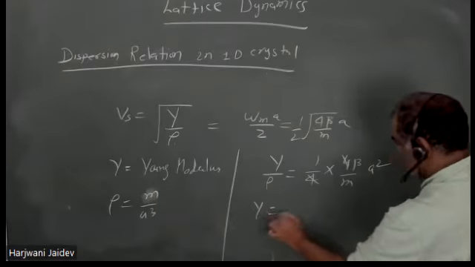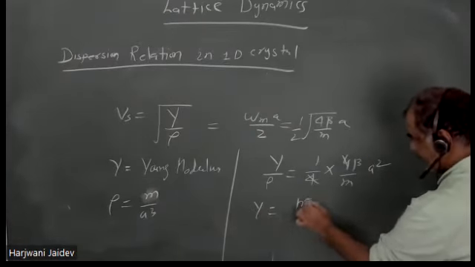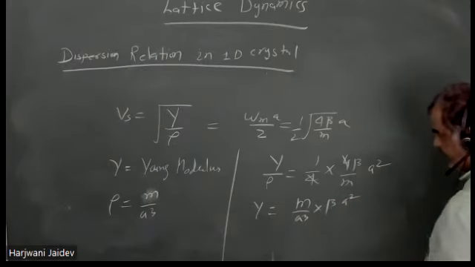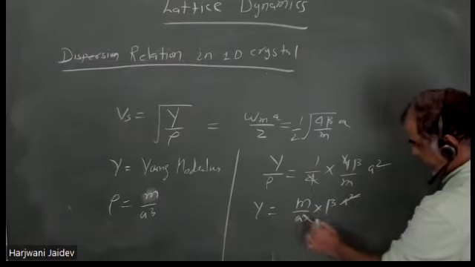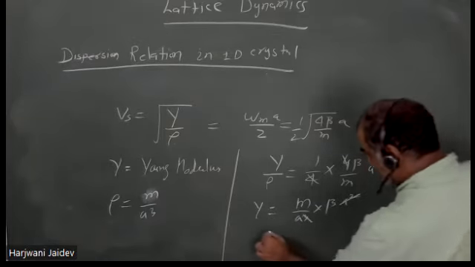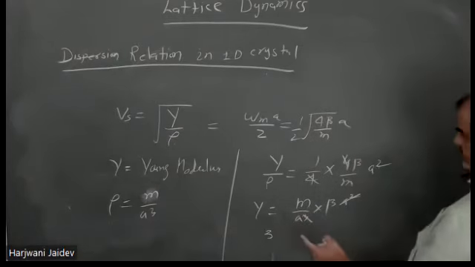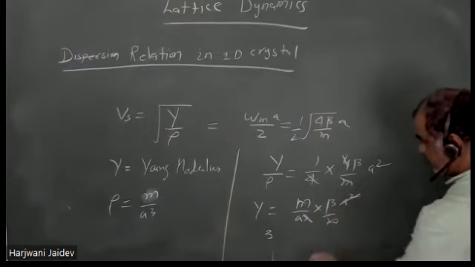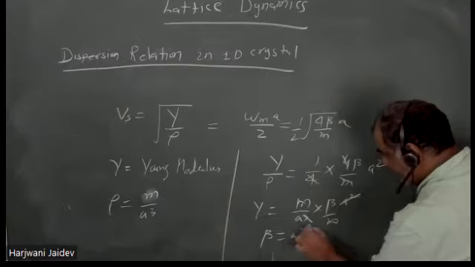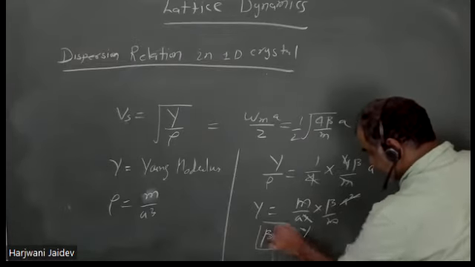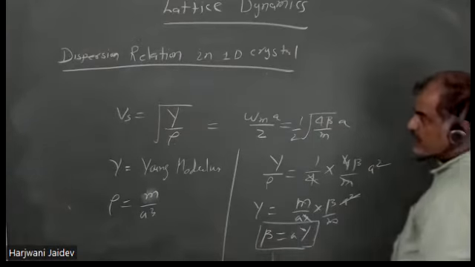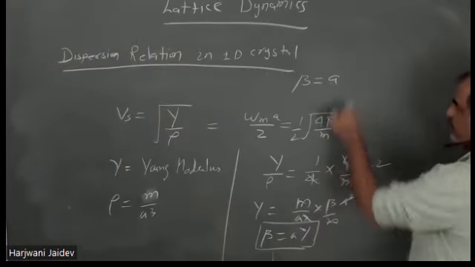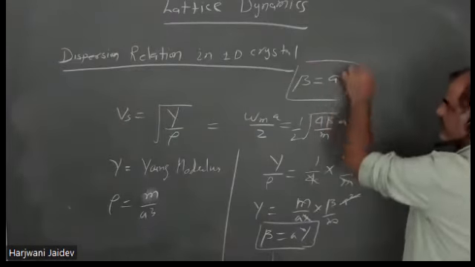So my Y will be m by a cube times beta by m times a square. The a square cancels, leaving a, and m also cancels. So now my beta is equal to a Y. That means my spring constant beta, lattice constant a and Young modulus are related by this equation.